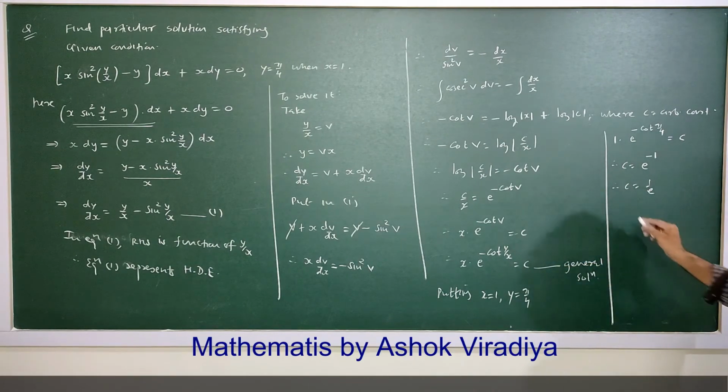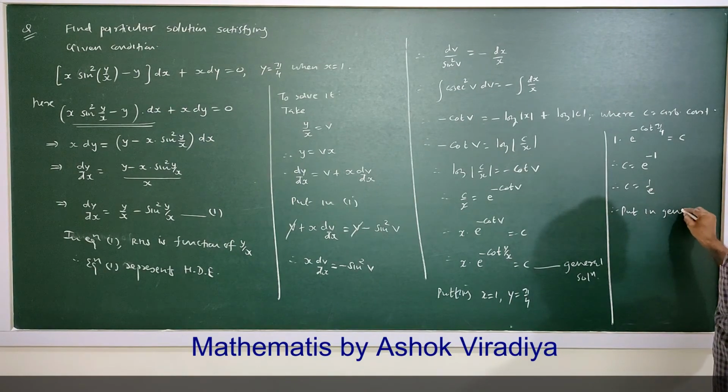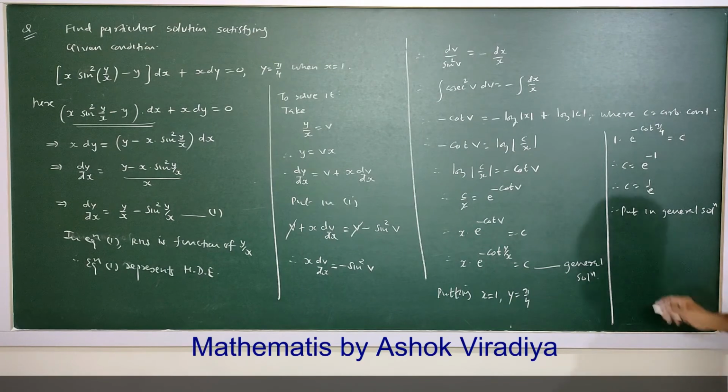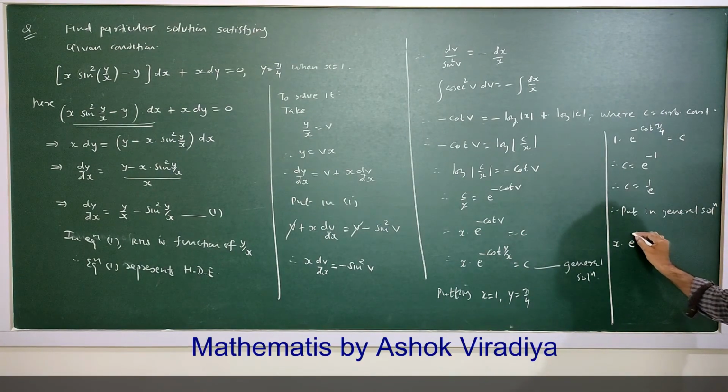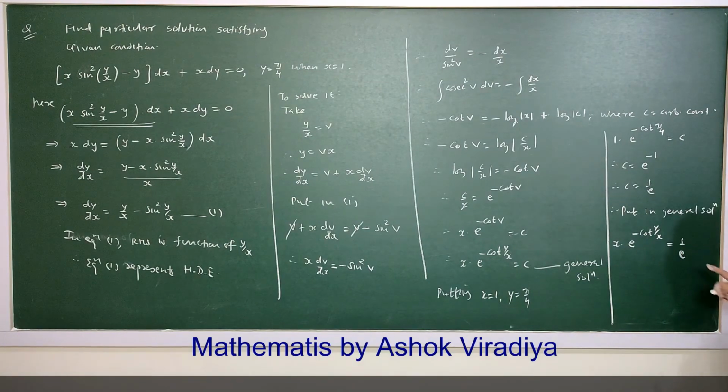Putting in general solution, we have x into e raised to minus cot y by x equal to 1 upon e. Now this e can be joined with this e.